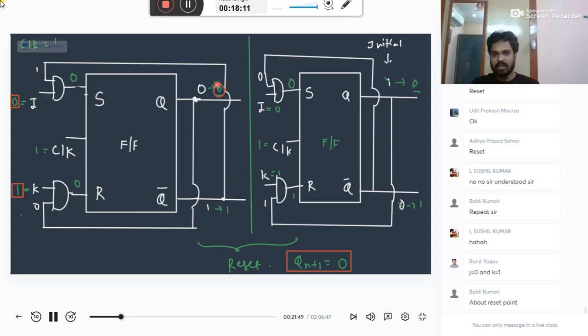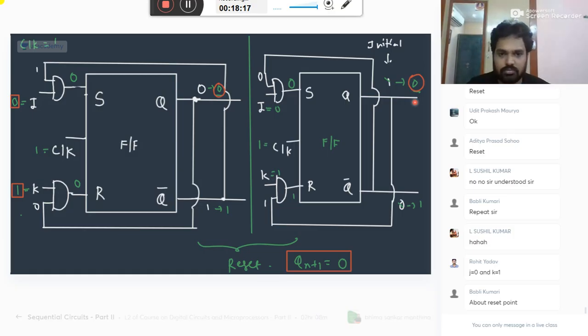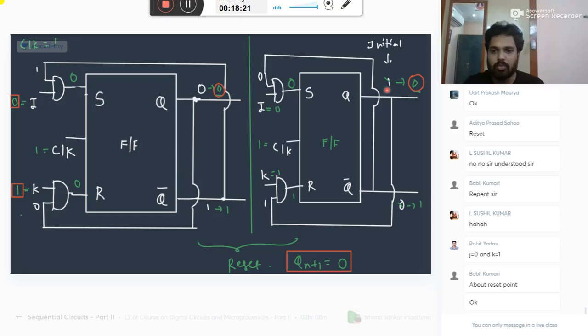In any case, you are getting output 0. When output becomes 1, we call it a set. You should remember the SR flip-flop truth table, compulsorily. When you apply 0, 0, SR flip-flop will give you the same as previous. When you apply 0, 1, you get 0, 1. In both the cases, you are getting output 0.